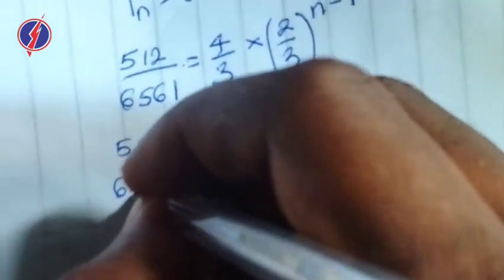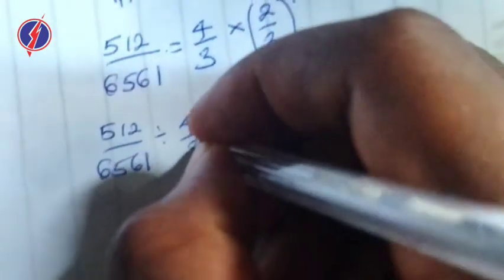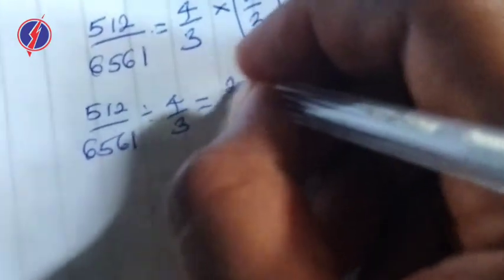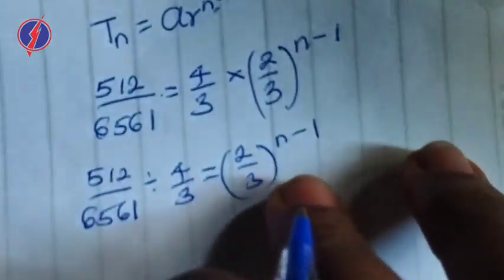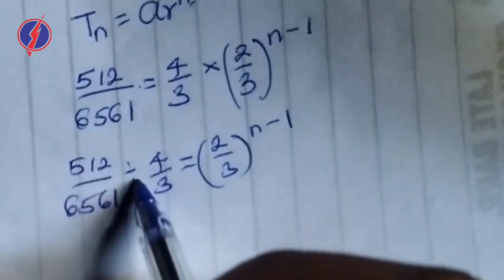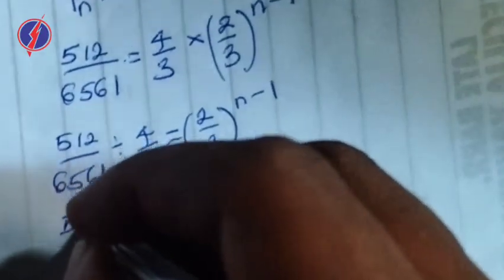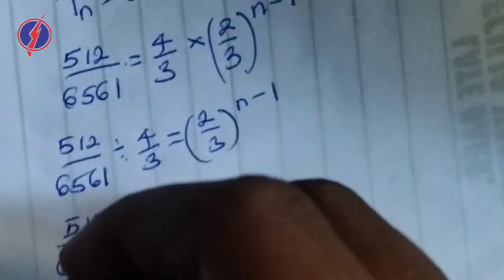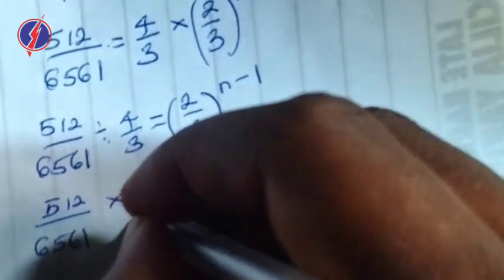So we have the last term divided by 4 over 3, which equals 2 over 3 to the power of n minus 1. Then this division as usual is going to turn into multiplication, which will cause an inverse, so times 3 over 4.